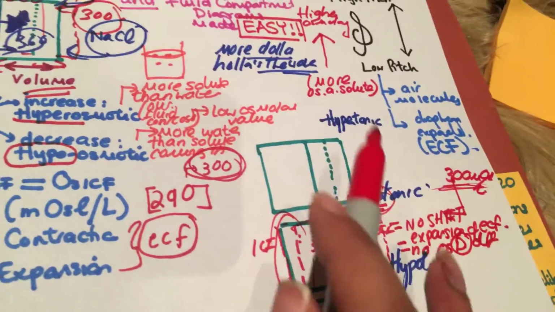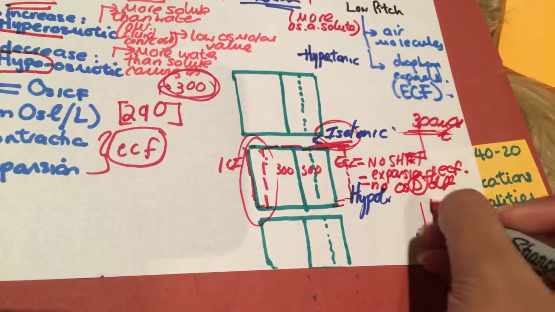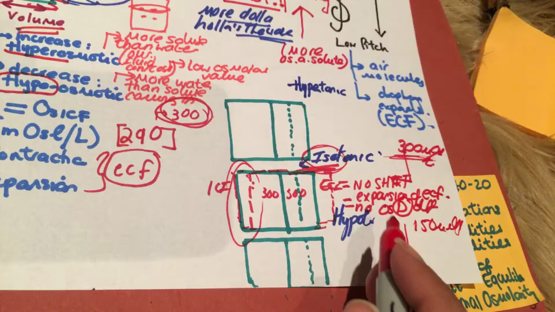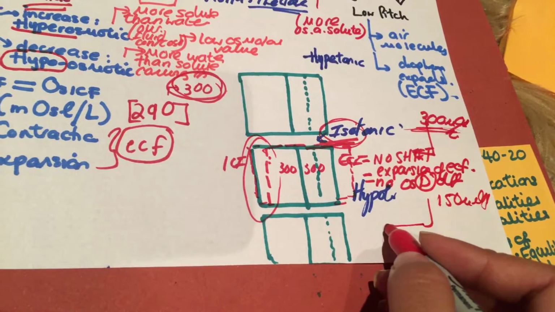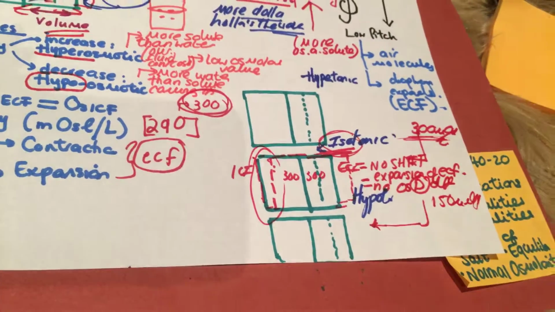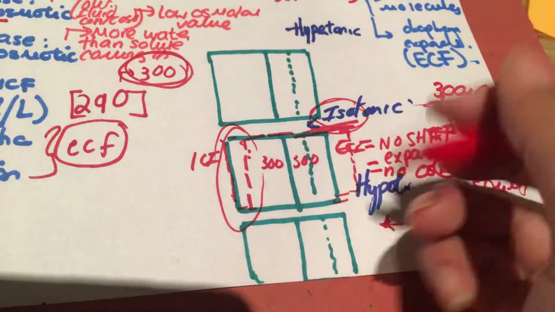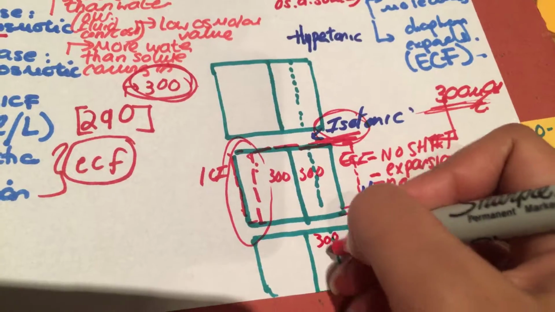Let's go to hypotonic. Let's say we put in 150 millimoles per liter or whatever. That means you're injecting hypotonic, which means you're injecting more water than solute. So the 300 that was here is going to go down.